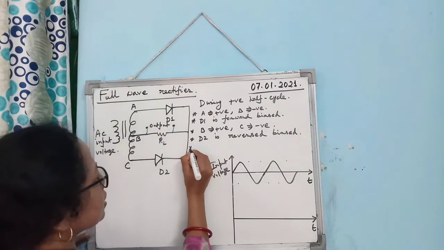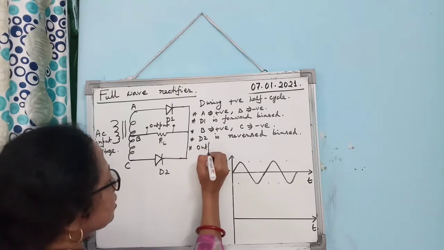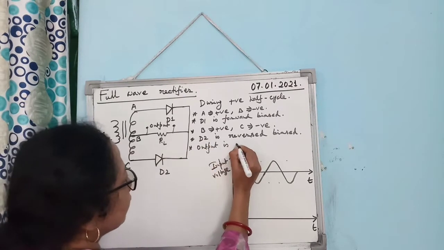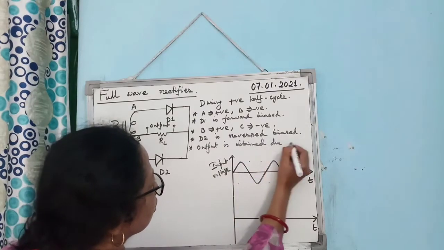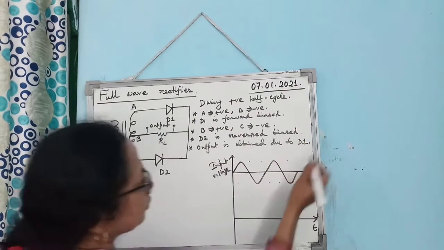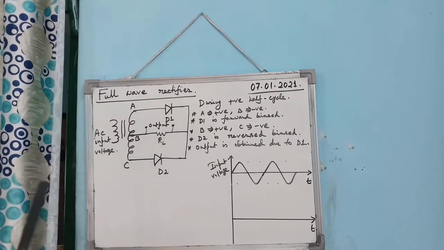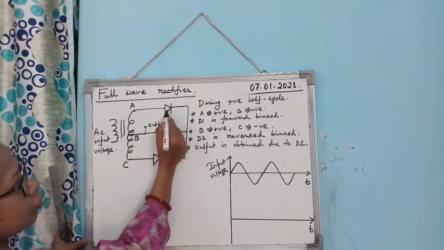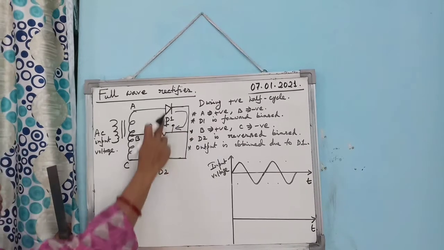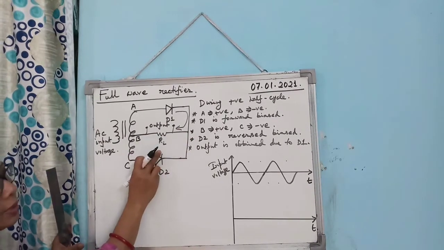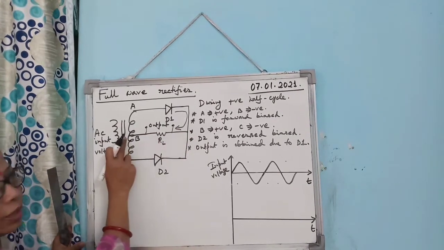Alright. So you see, output is obtained due to D1. Is that clear? So let us find out what will be the output. For output, the current will move in this direction, isn't it? Look at it. Through the load resistance, current is moving from right to left.